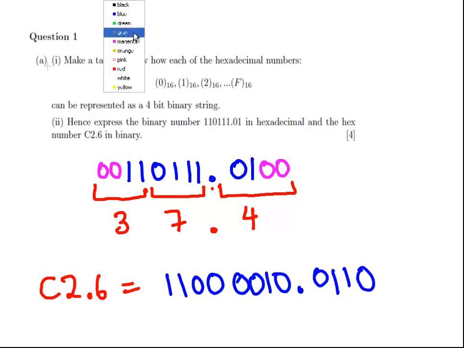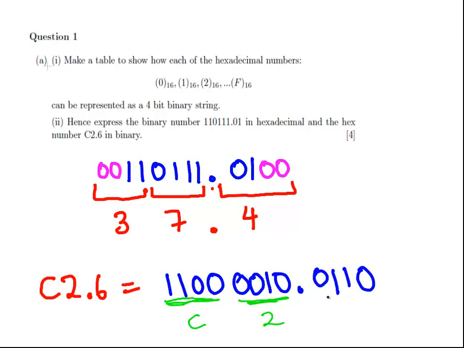That we found to be C when we looked at the table, that part there. That we found to be 2. And that we found to be 6. Okay. Now, we can leave out that 0 at the end as well. So that's the answer to C2.6.